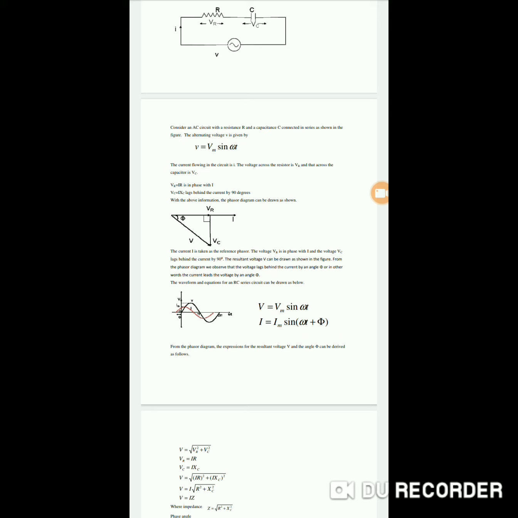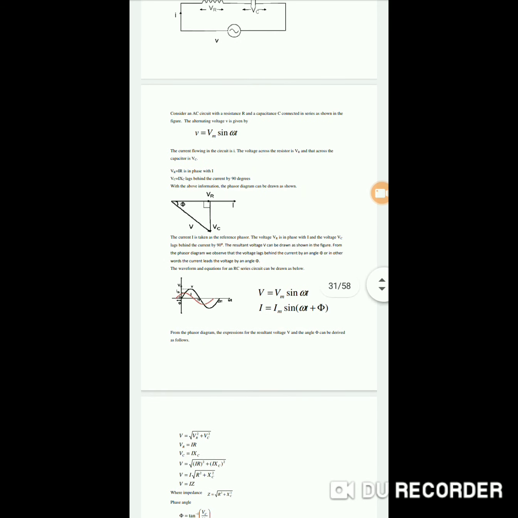VR is equal to IR, which is in phase with the current, and VC, the voltage, lags behind the current by 90 degrees. In an inductance the voltage leads by 90 degrees, and in a capacitance the voltage lags behind the current by 90 degrees.